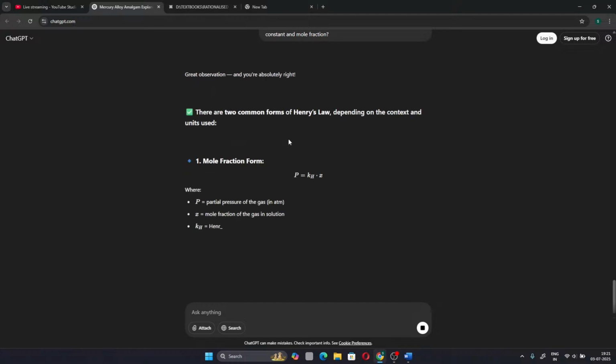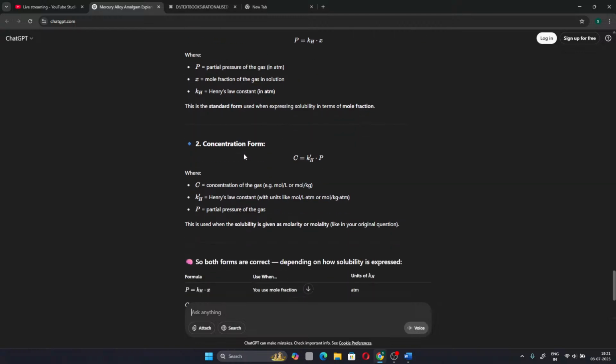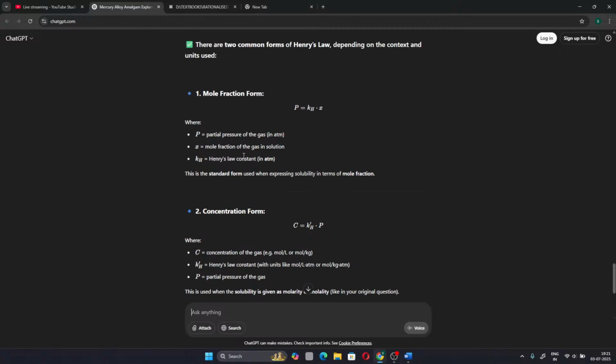There are two common forms of Henry's law depending on the context. Mole fraction form: P equals kH times mole fraction, where P is the partial pressure of the gas in atm, the mole fraction is of the gas in solution, and kH is Henry's law constant in atm. Basically, this is the pressure form.